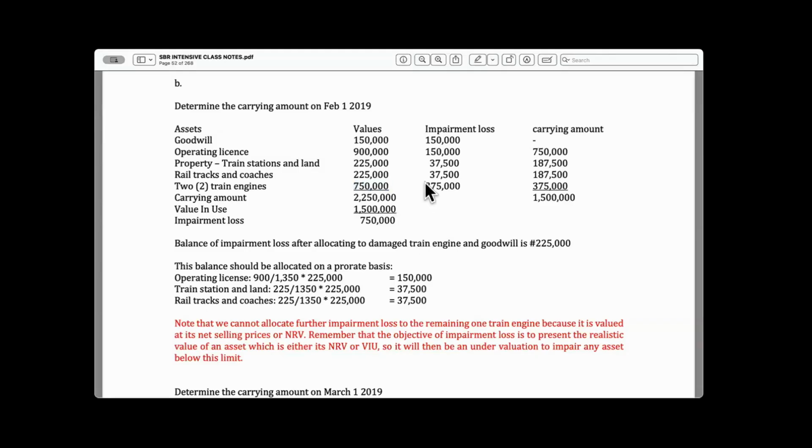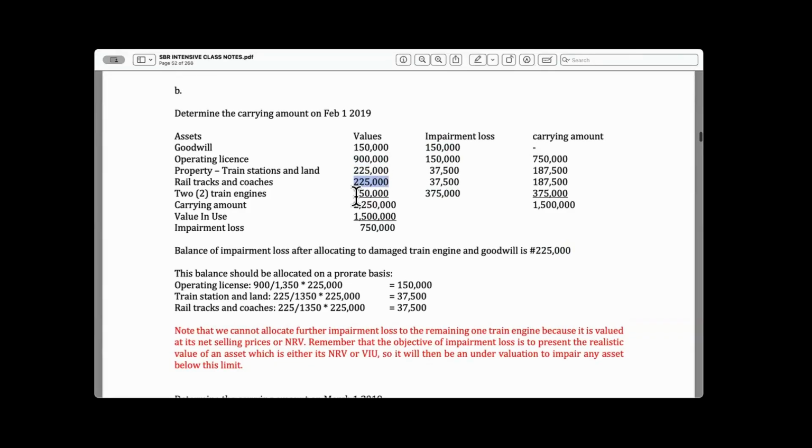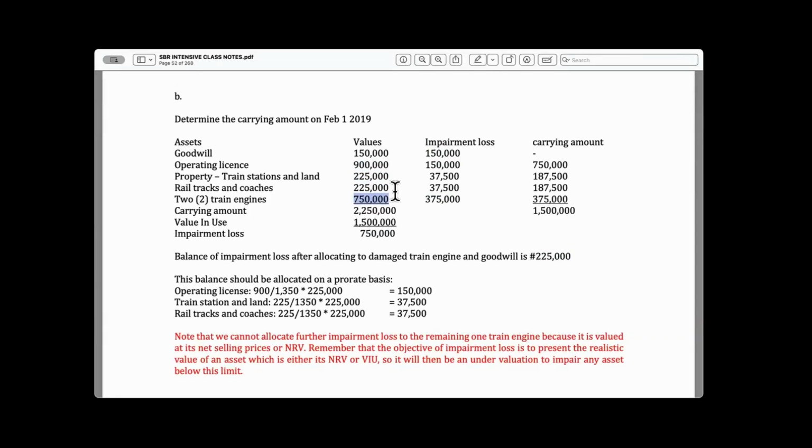After taking away 375 for the damaged train engine and 150 for goodwill, the balance of my impairment loss is 225, which is 750 minus 375 minus 150. Now, I'm supposed to share this balance on a pro rata basis amongst operating license, train station, rail tracks, and one train engine.